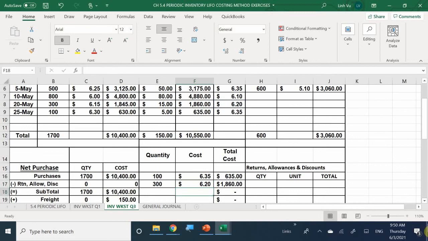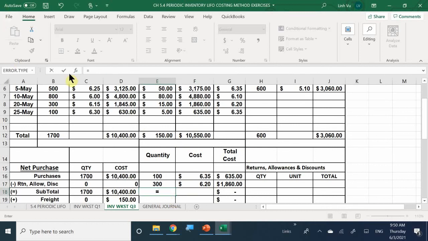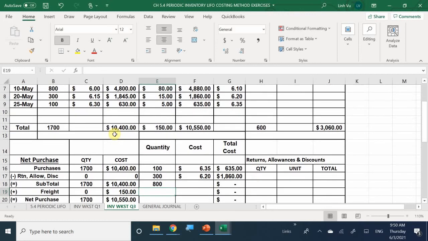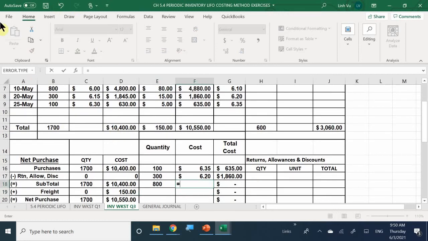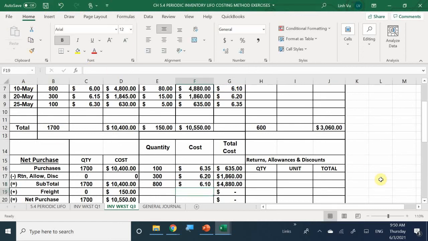Now that we eliminated that one, what's next? We're going to use all of the 800 at $6. Is it going to cost me 6 there? It's going to be 610, because we're selling these items. So we got rid of that whole thing.